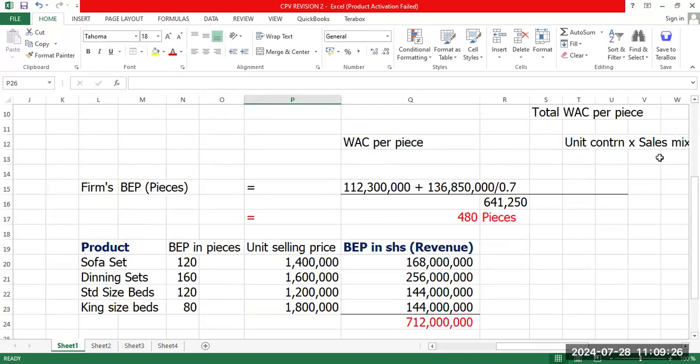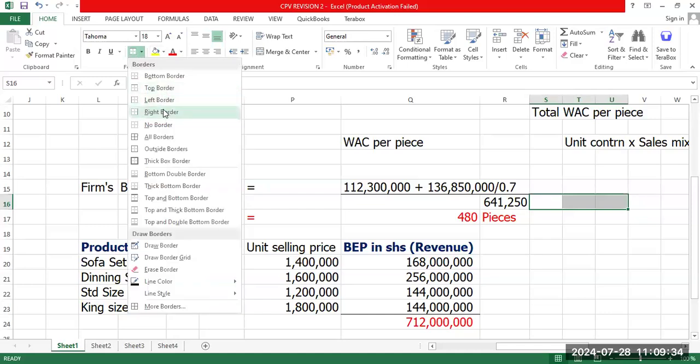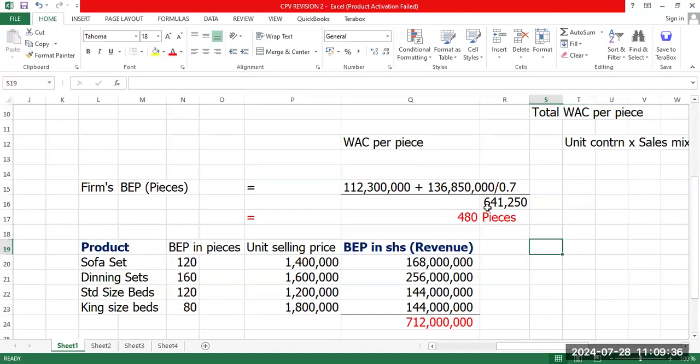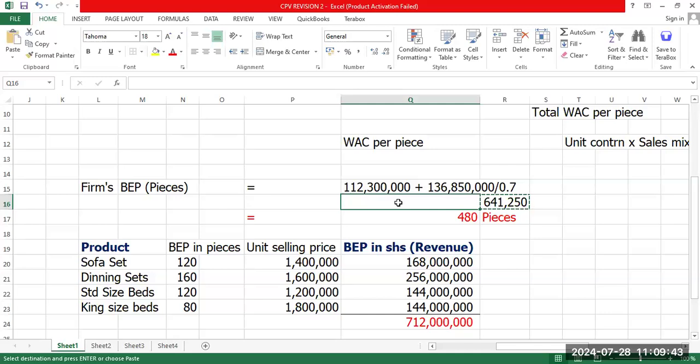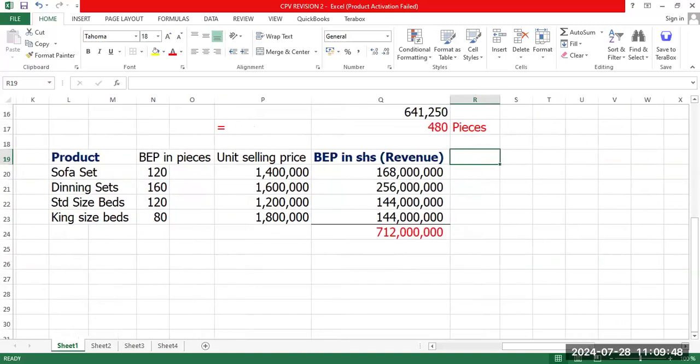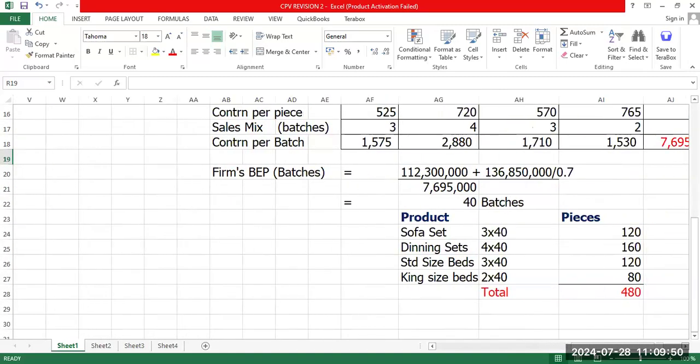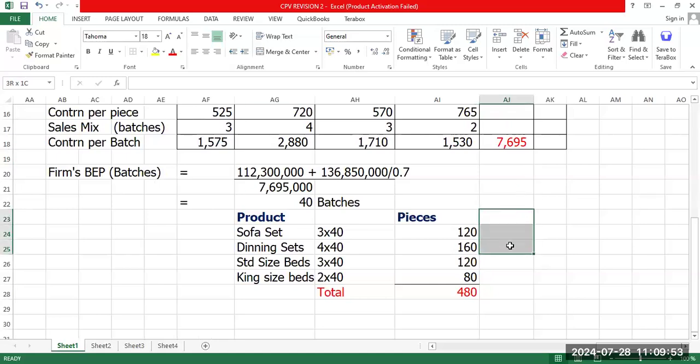So if you have used the other method, you do the same. If you have used this method, you just add here unit selling price, then you get break-even point in shillings.